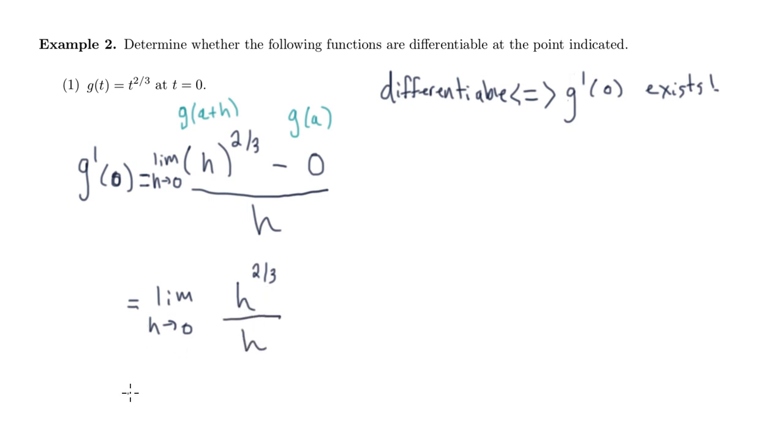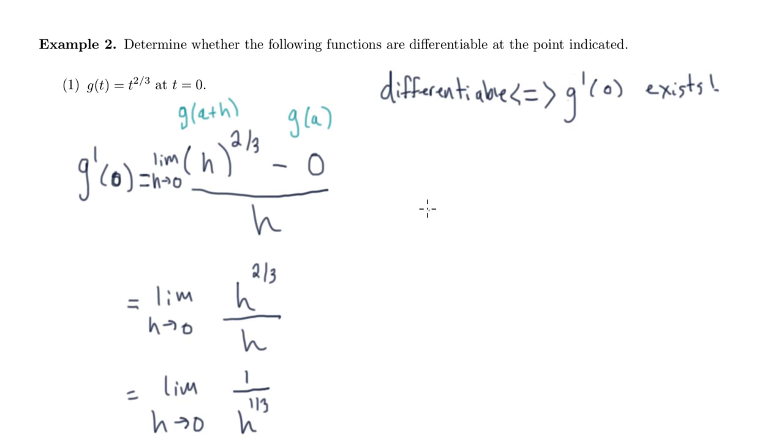So limit as h goes to 0. h to the 2/3 divided by h to the 1st is the same thing as 1 over h to the 1/3. But this is something that we've seen before when we talked about infinite limits.